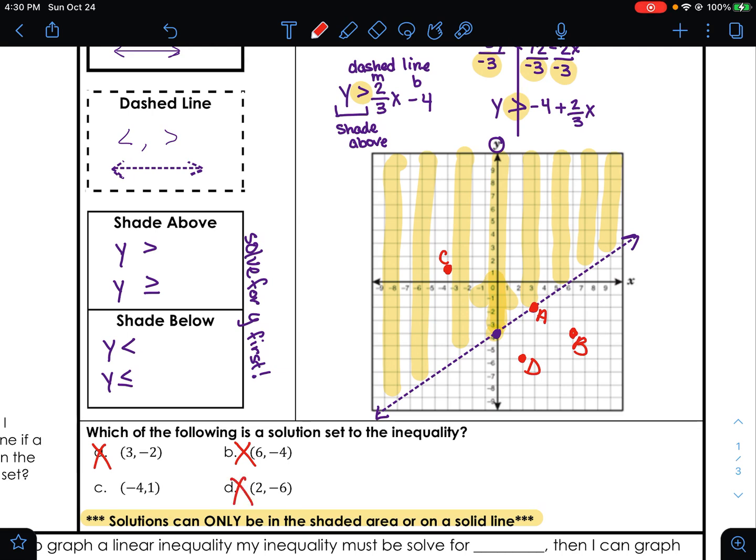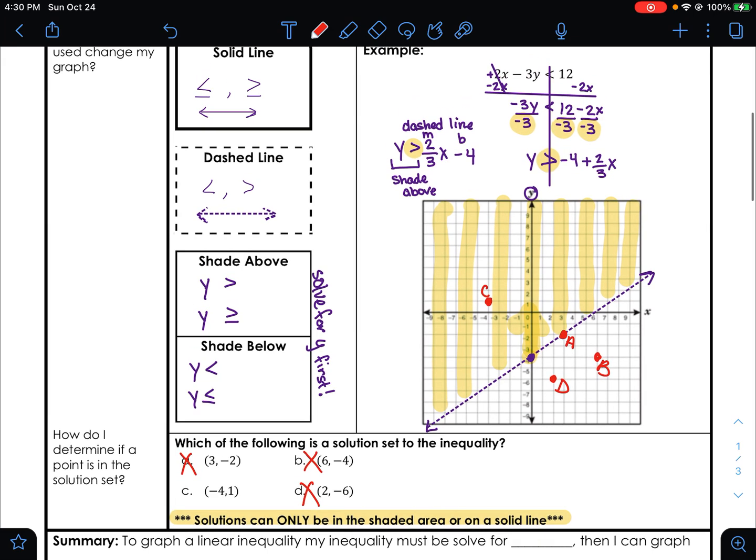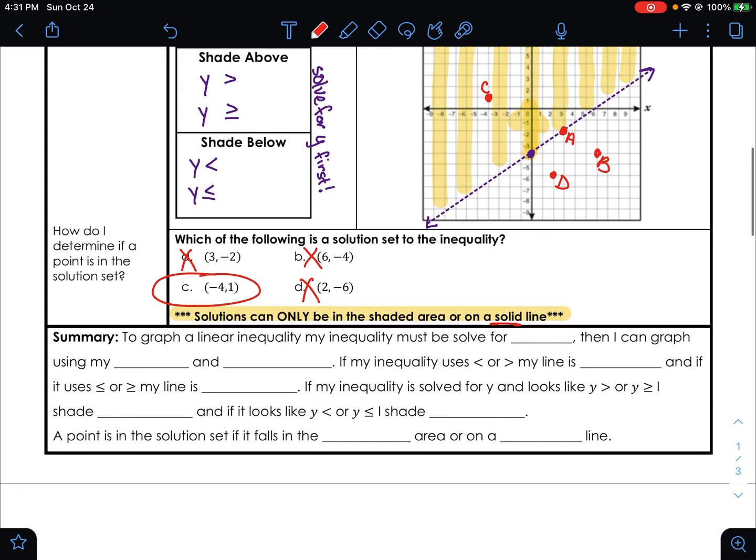You could also use your calculator and plug each of these points into our original equation, and it would tell you true or false. But C is the only one that falls in the shaded area. Again, it has to be in the shaded area or on a solid line. So A did not work because it was a dotted line.